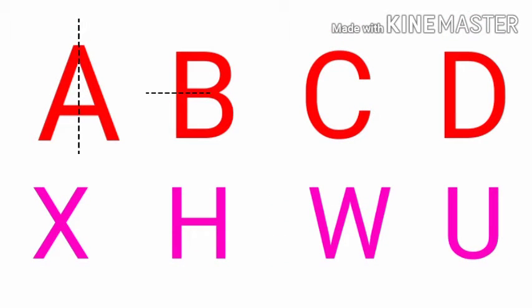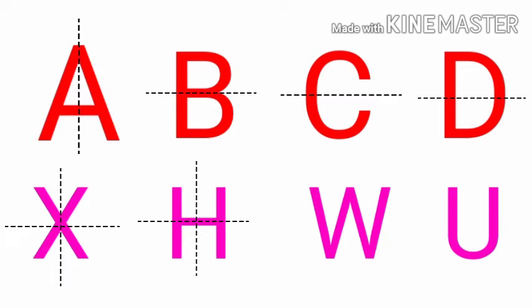Now, symmetry in letters. Some letters have a vertical line of symmetry, some have a horizontal line of symmetry, and some have both.